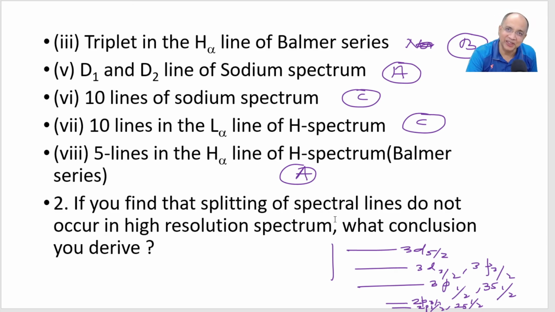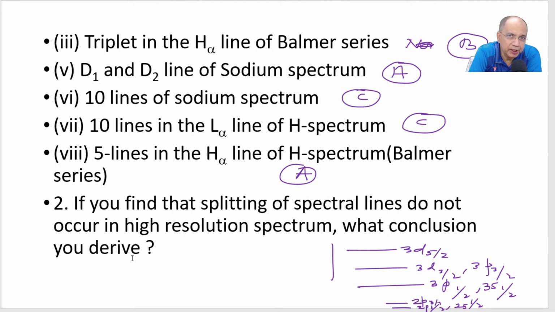Now second question, if you find that splitting of spectral lines do not occur in high resolution spectrum, what conclusion do you derive? You are using high resolution spectrum, still a single line is remaining as a single line.